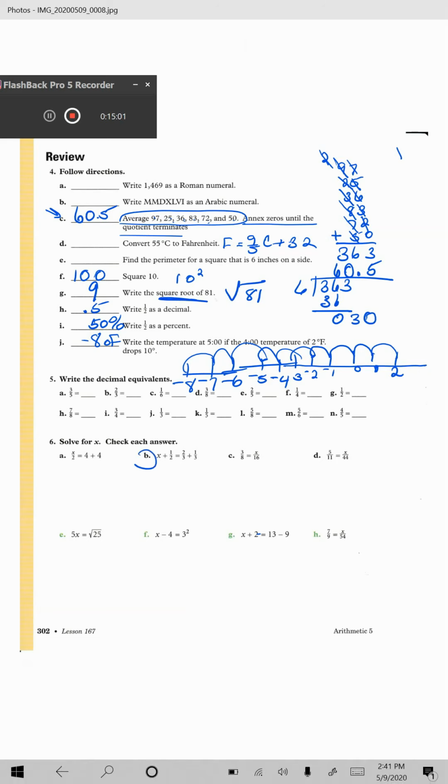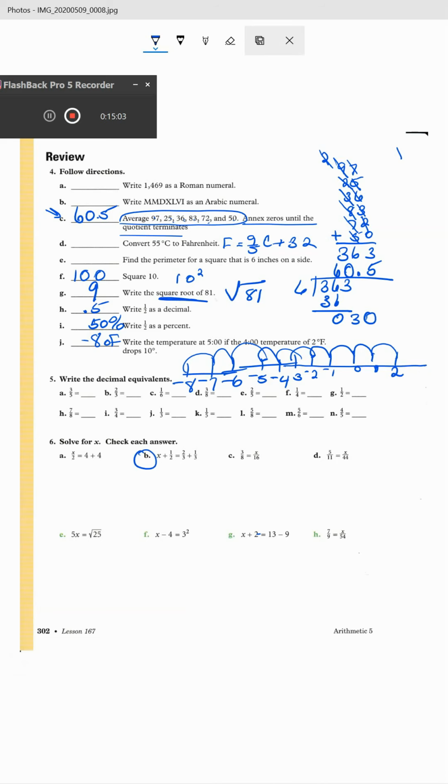Nothing too tricky about B. Just add up first. So you'll have x plus 1/2. You can't do anything yet, but add 2 and 1 is 3 over 3. And what does that equal? 1. So you're going to do minus half and minus half. And you'll have x by itself on this side because this will get rid of it. 1 minus a half only equals half.